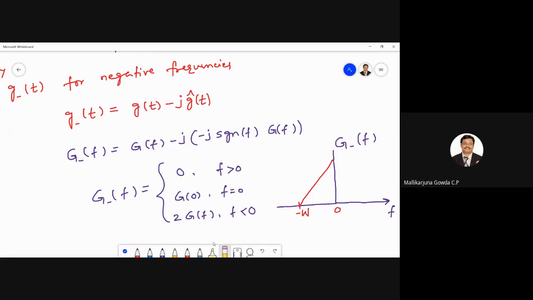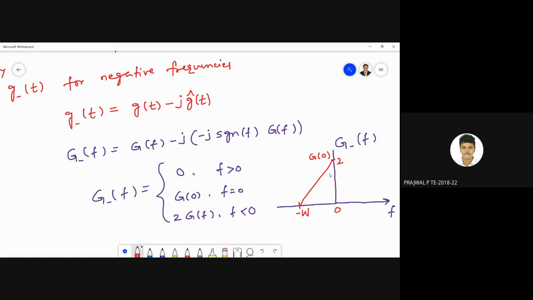Let me write this side magnitude. Its magnitude is 2. At f equal to 0, what I can write is G of 0. To indicate it is at f equal to 0, its value is G of 0. Is it clear?